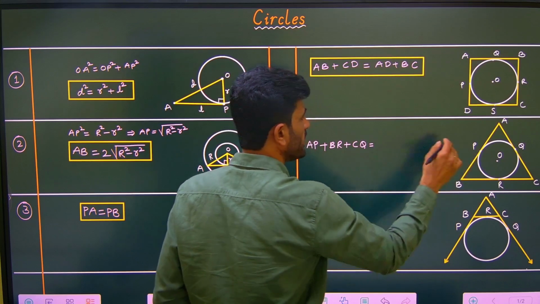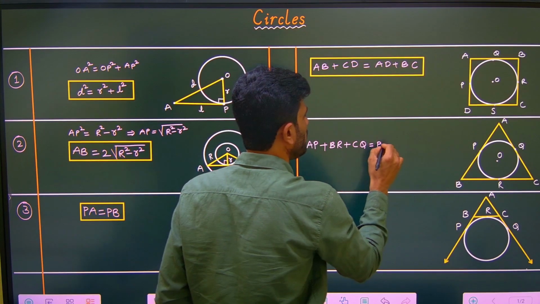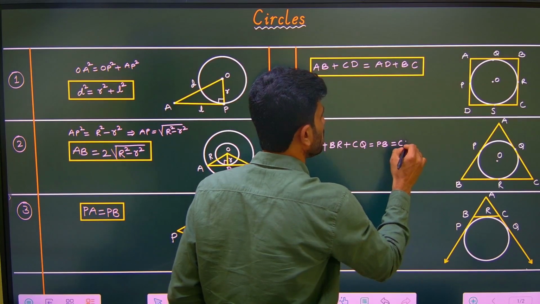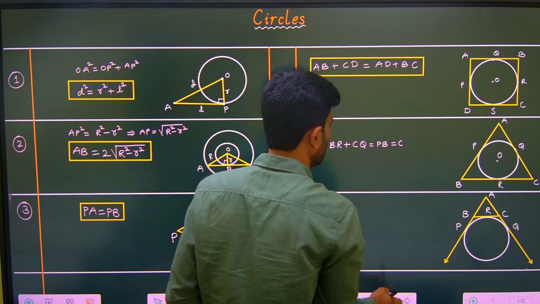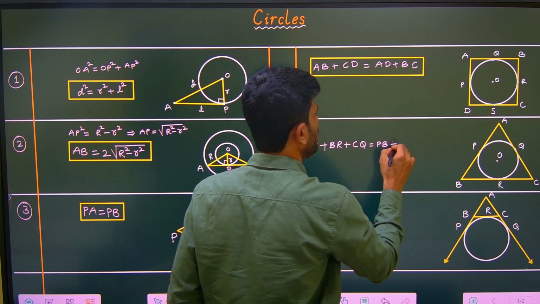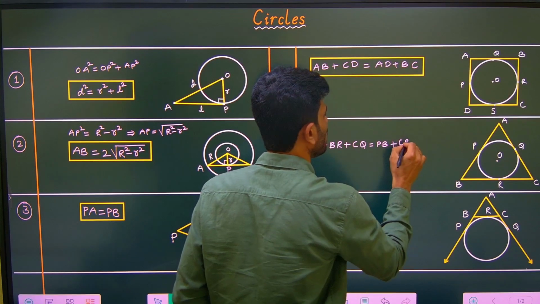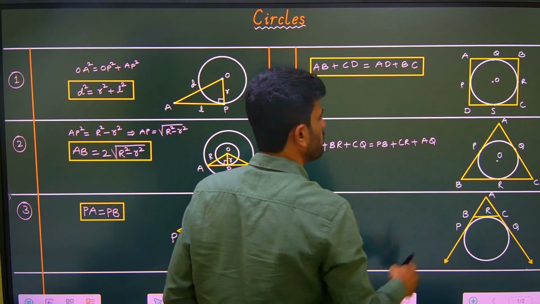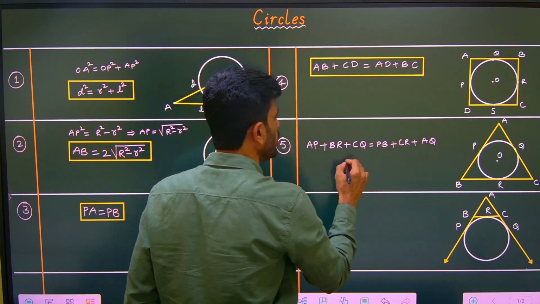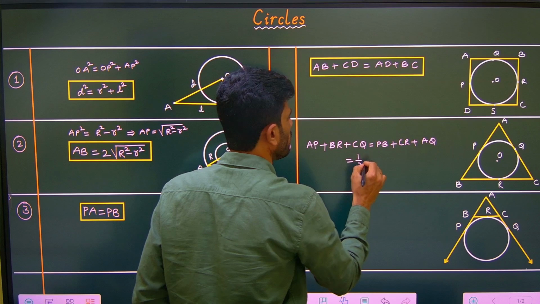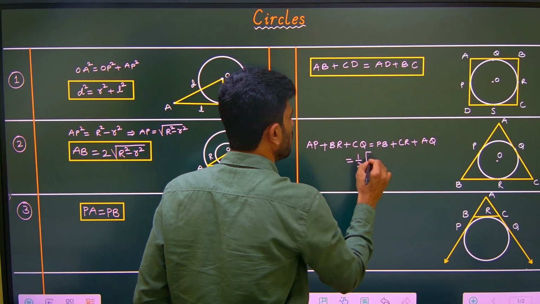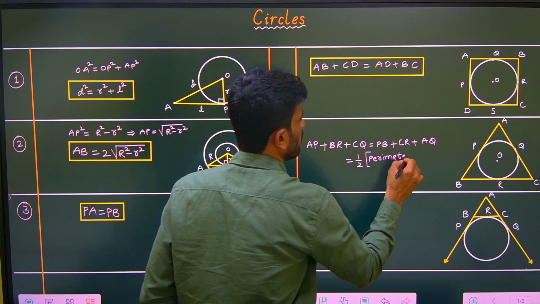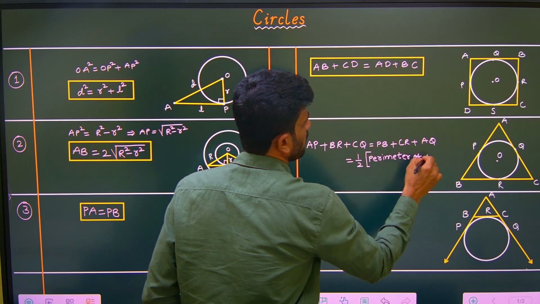We left the alternate values, so those we can write: PB is equal to, then CR, I wrote PB plus CR plus AQ, alternate parts, and both are equal to half the perimeter of triangle ABC.